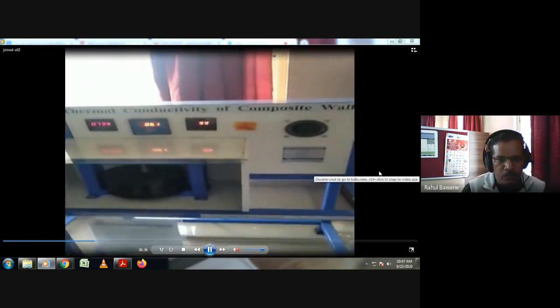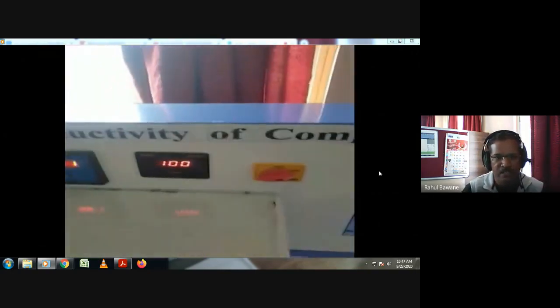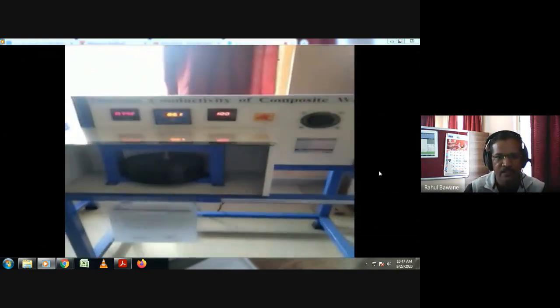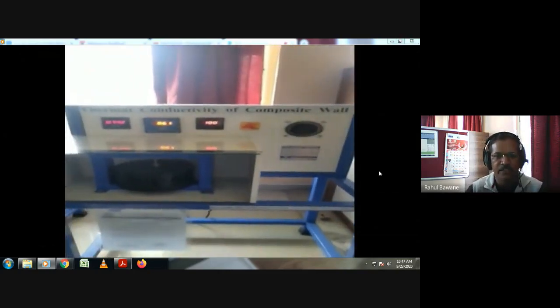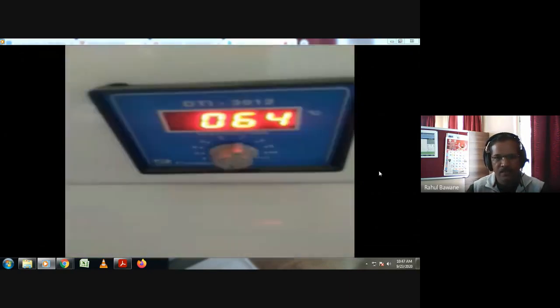So like this, we have to start our equipment and allow it at least 30 to 40 minutes to get steady state. Definitely after 30 minutes it has not reached completely steady state, but after 30 or 40 minutes we have to note down the readings.